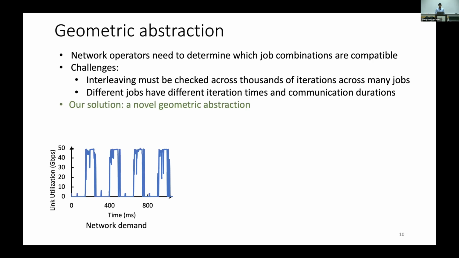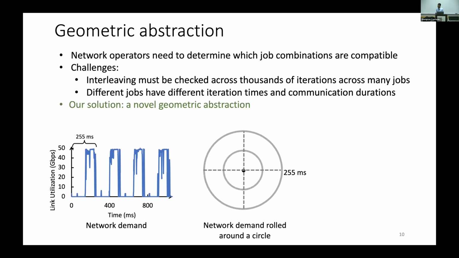Let's go back and look at the communication pattern of one DNN model. What we see here is a periodic on-off pattern with a time period of 255 milliseconds. Let's leverage this periodicity. I'm going to draw a circle of perimeter 255 milliseconds and start rolling the communication pattern around the circle.